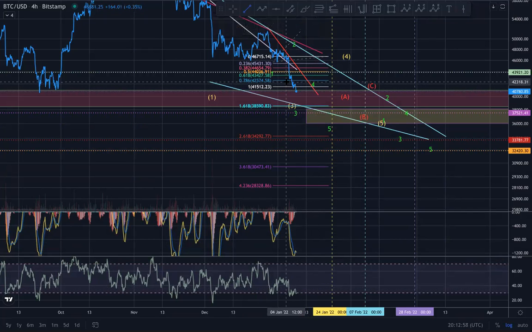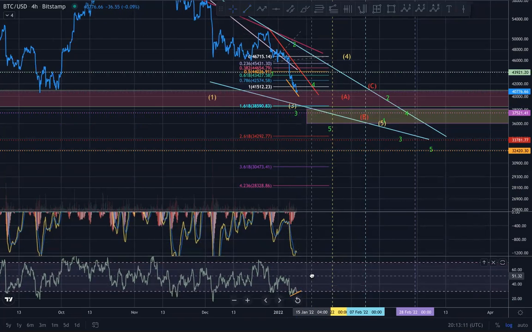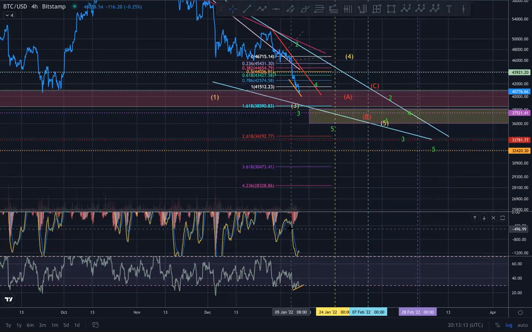It is diverging, the price is going lower. So you could say on this level here, and here, the price is diverging against the RSI. Sure, I can say that.